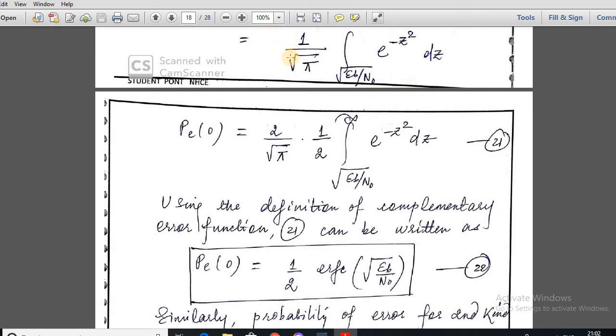Multiplying and dividing numerator and denominator by 2, I can say 1 by 2 separately, and root 2 by root pi into this entire thing I can replace by the definition of the complementary error function. What is the lower limit? That is u equal to root over Eb by N0. So I can say 1 by 2 erfc of u, where u is the lower limit of the integration, that is root over of Eb by N0.